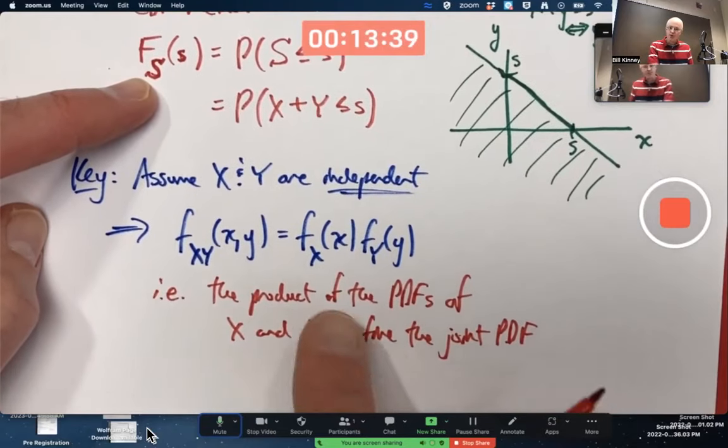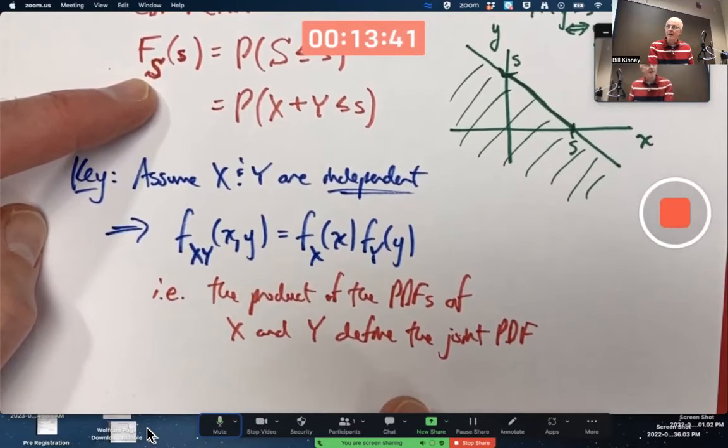Because I can integrate this product. And integrating this product turns out to be relatively easy, even in the abstract.